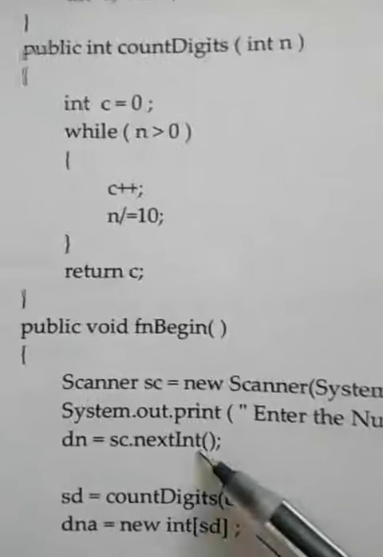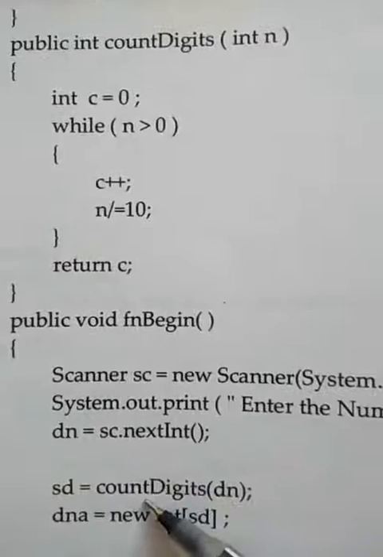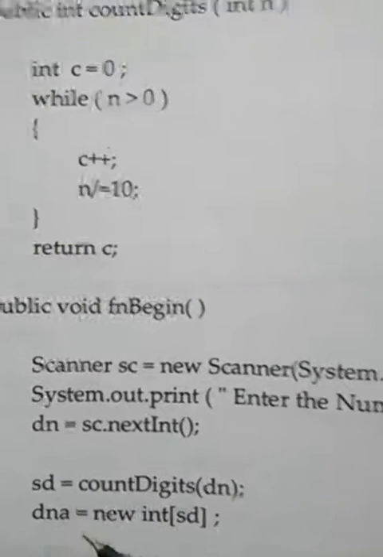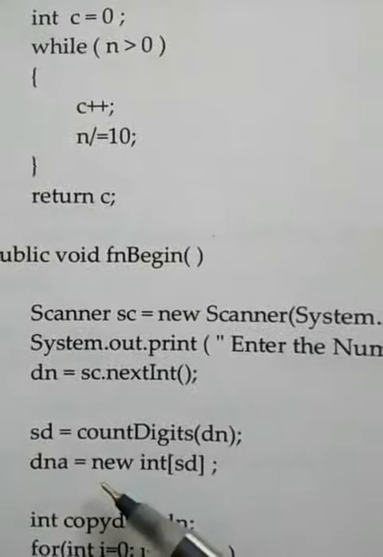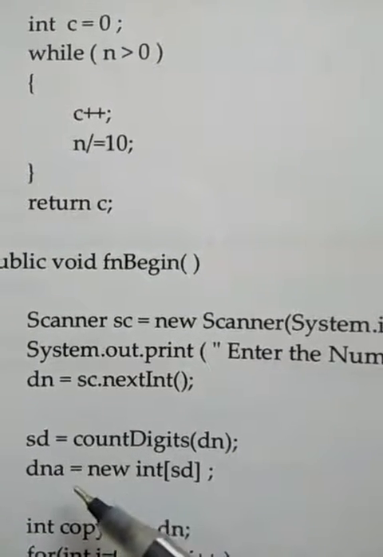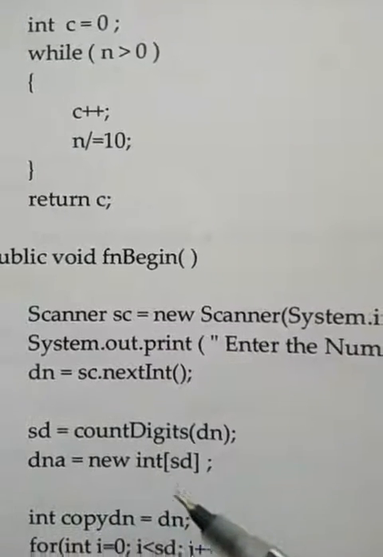When the first number is input, this will count the number of digits from the first number and store in sd, and we are creating the size of dna according to the sd.